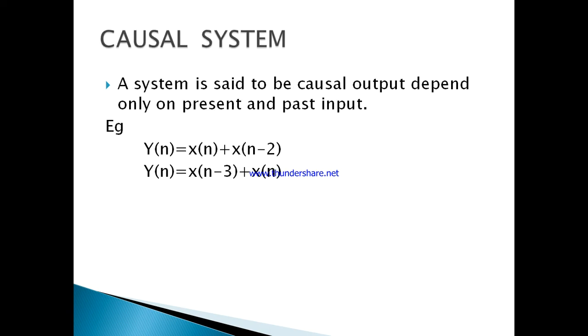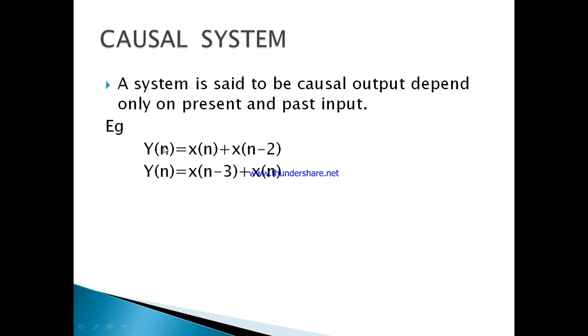Next one, causal system. A system is said to be causal if the output depends only on present and past input. Here are examples of the causal system. y of n equal to x of n plus x of n minus 2.